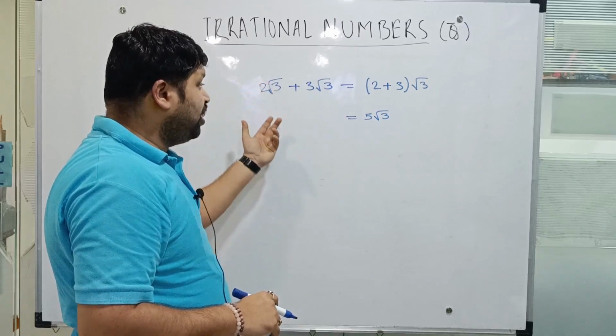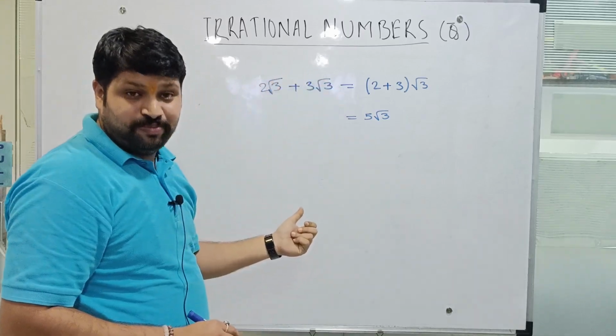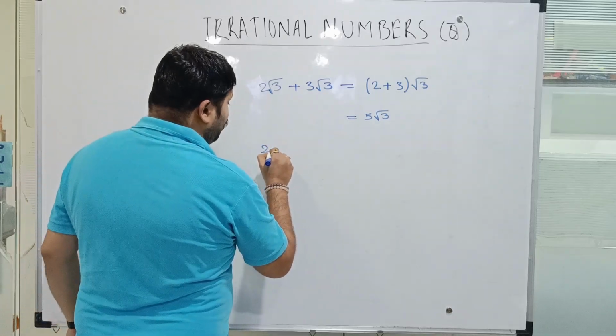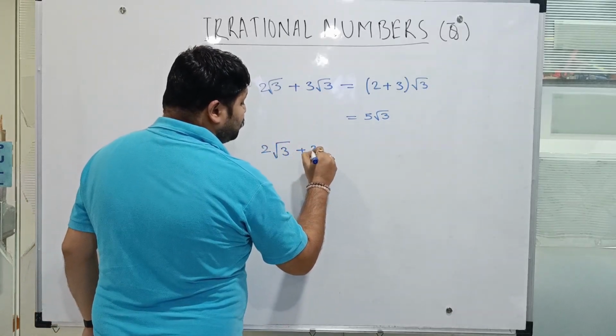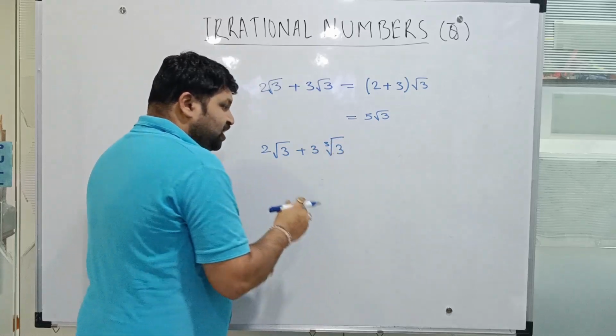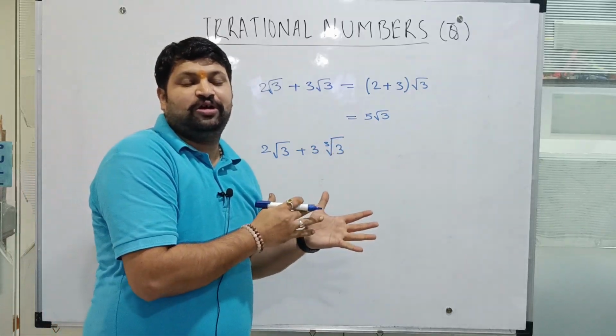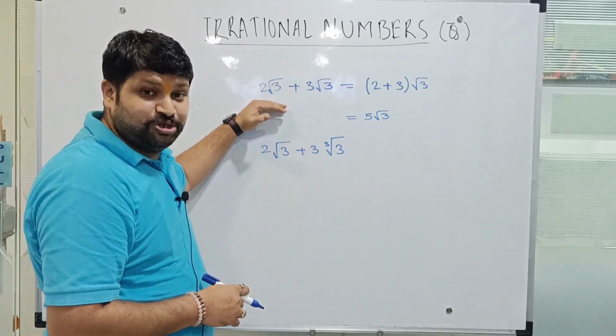However, if one of them was a square root and the other was a cube root, it wouldn't have been possible. So I cannot add 2 root 3 plus 3 cube root 3. This addition is not possible under irrational numbers. This addition is possible.